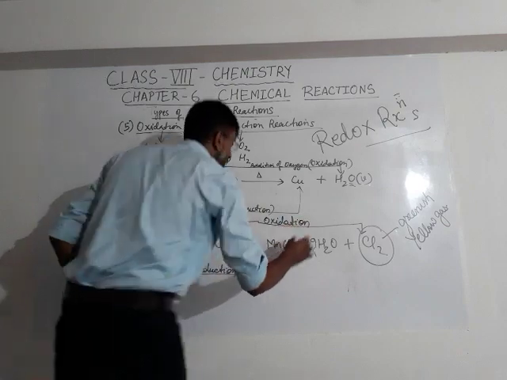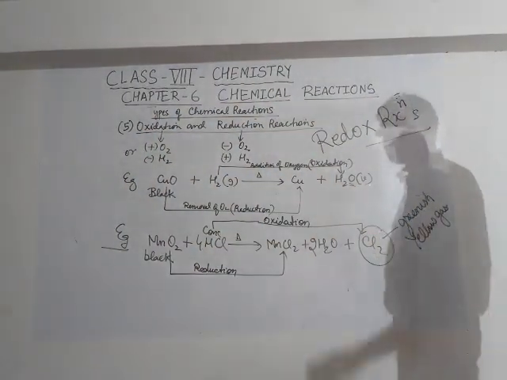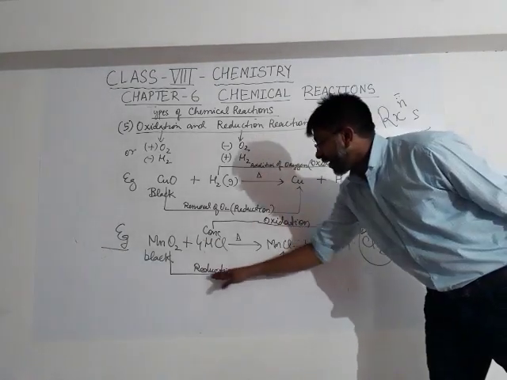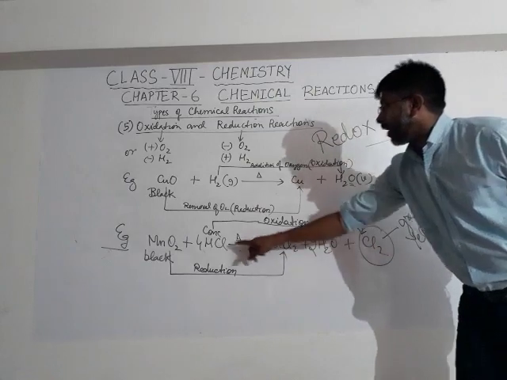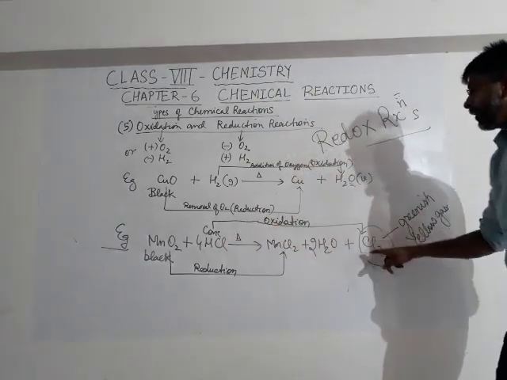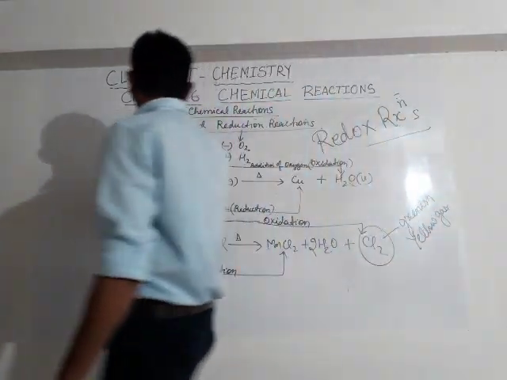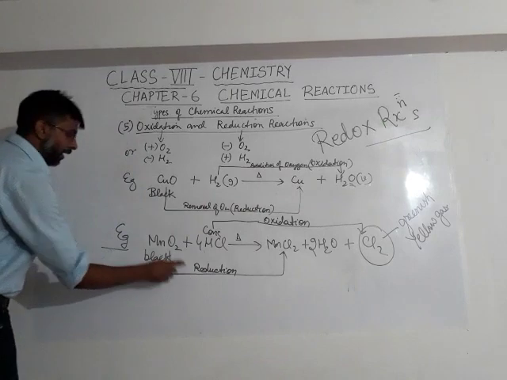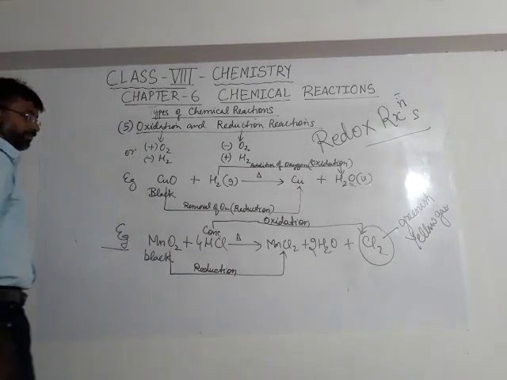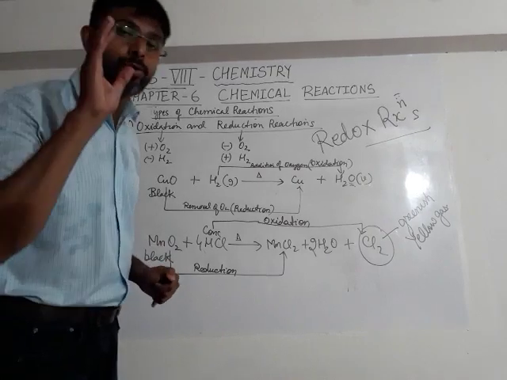So my dear students, we have seen in this example also that in the same chemical reaction, on one side reduction is happening by the loss of oxygen, and on the other side oxidation is happening by the loss of hydrogen. So these are the different types of chemical reaction which I have explained to you till now.